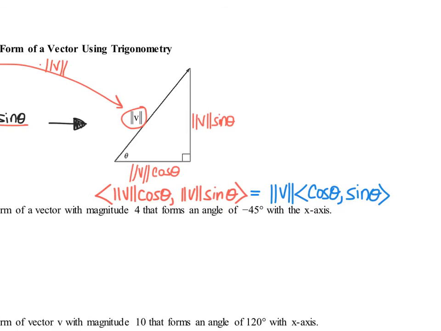Right? So they're telling us that the magnitude is 4. All right? So they're telling us v. And then they're telling us that the angle is negative 45. So that's our theta.